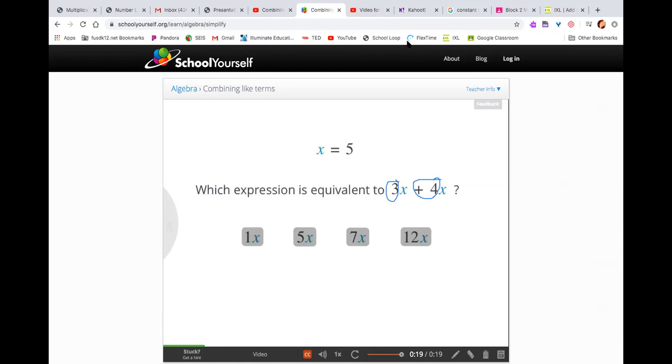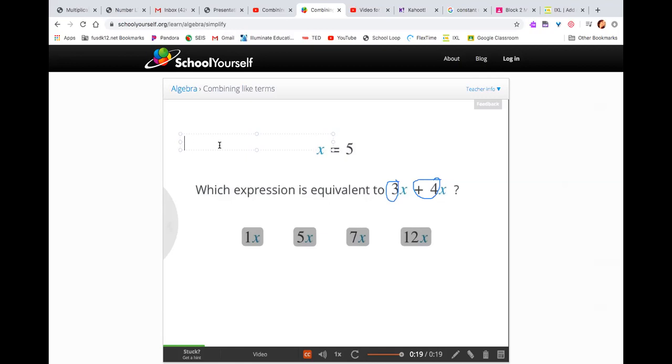My options are 1x, 5x, 7x, and 12x. So if I'm looking at the 3 plus 4, how many x's do I need to have to make sure the answer will always match? 12x. Okay. Let's try this.